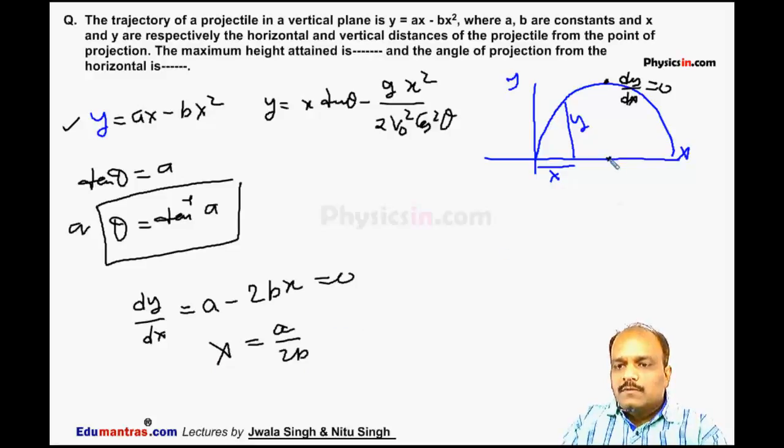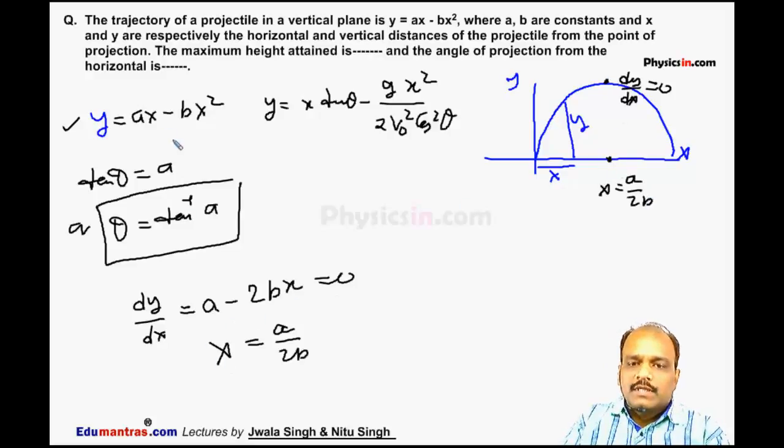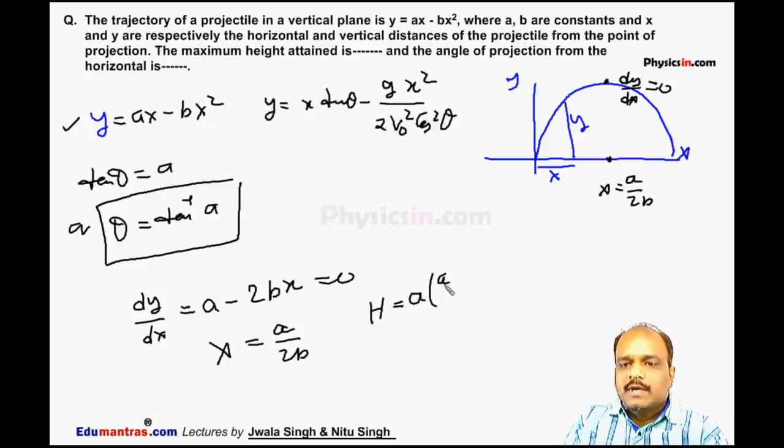At this point, where the x coordinate is a by 2b, the particle attains the maximum height. If we substitute the value of this x here, we get the maximum height h equal to a into a by 2b minus b into a by 2b whole square.